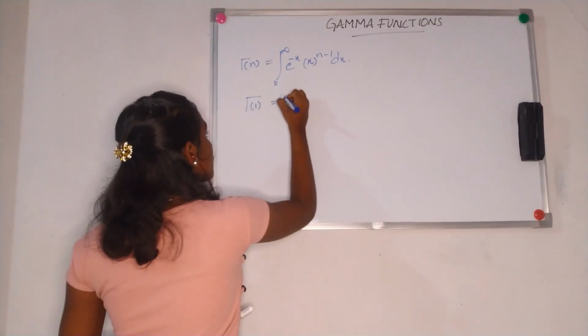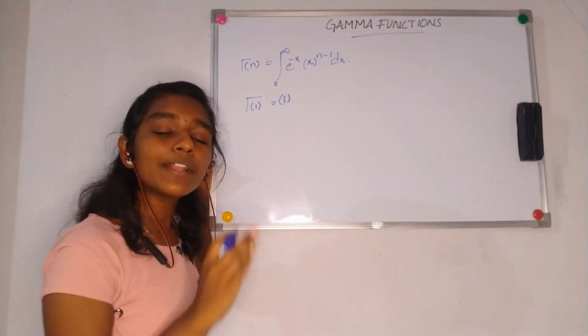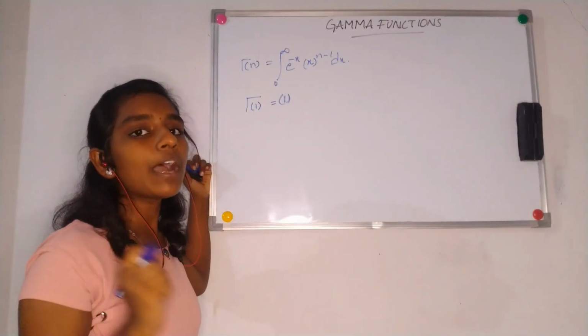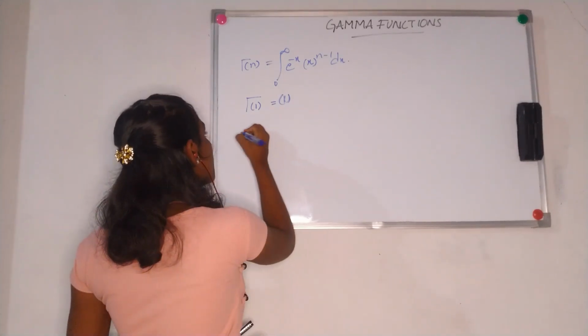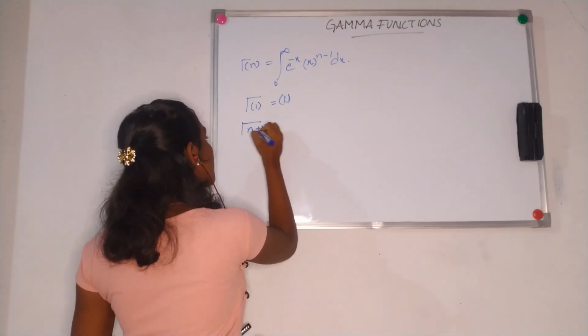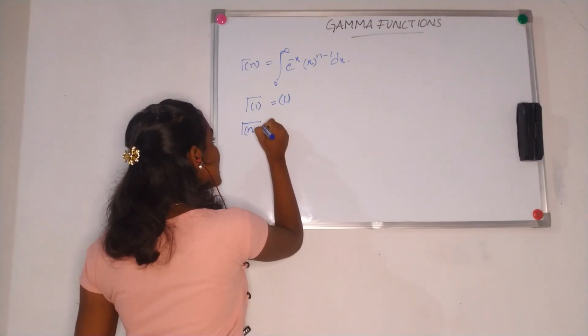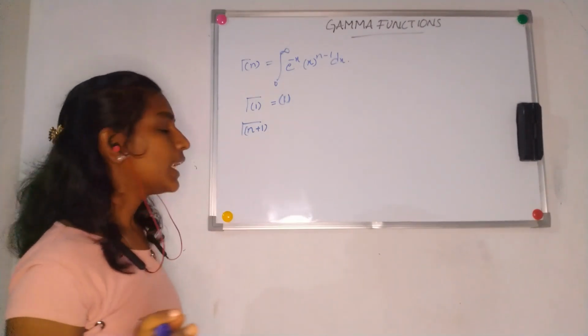After this, I have to find the gamma values of each and every number. How do I do this? First I have to calculate the value of gamma of n plus 1. This will help me find the gamma values of every number.